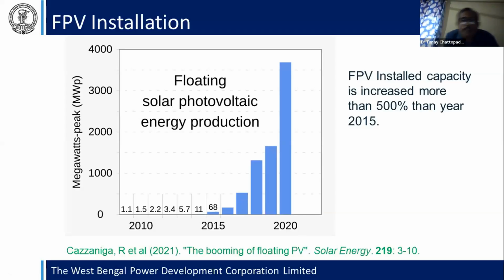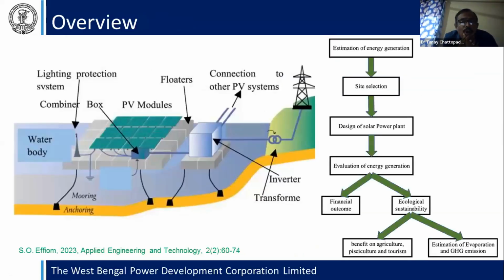And now, the overview is actually that the total solar photovoltaic panels are on the water bodies, and we can also place the inverter and transformer on the water bodies, but it can also be placed on the nearby shore, and from that shore we can make the transmission line.